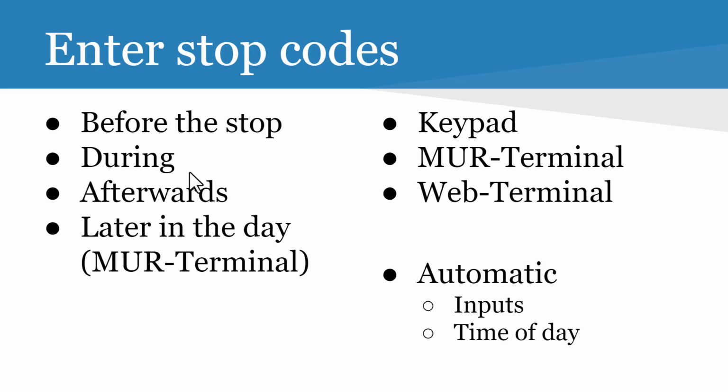And as I mentioned before, we can do automatic stop codes for you. And what you need is either an additional sensor using one of the available inputs on the MUR-Box, or we can make custom script for you that based on time of day, for example, can encode stop codes.